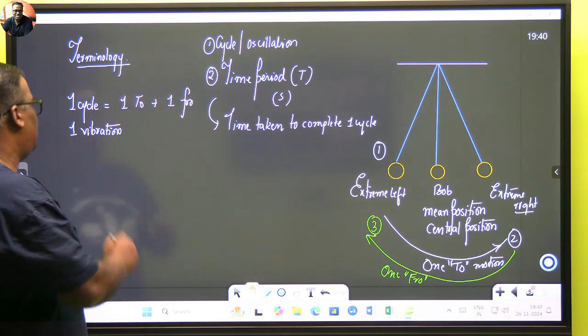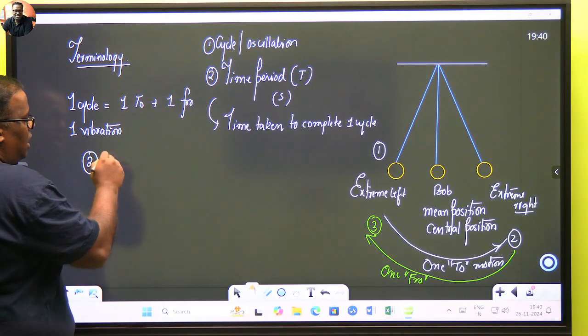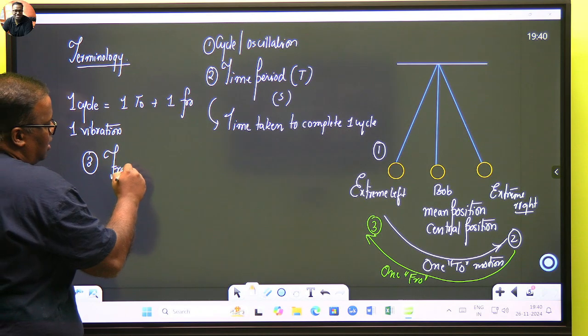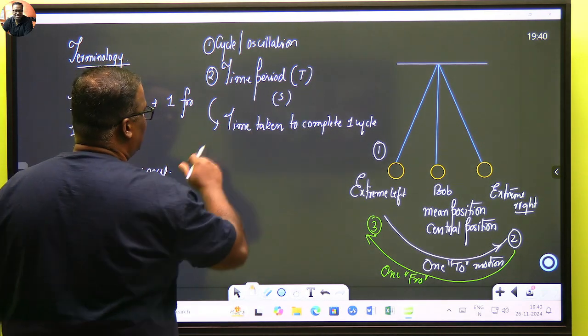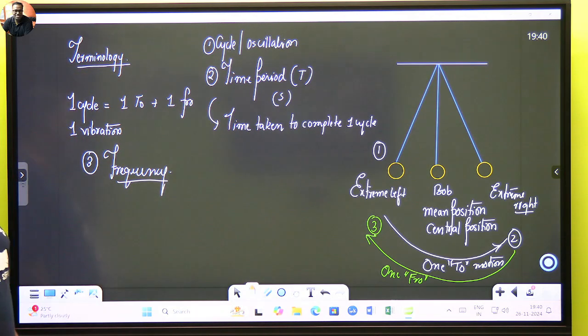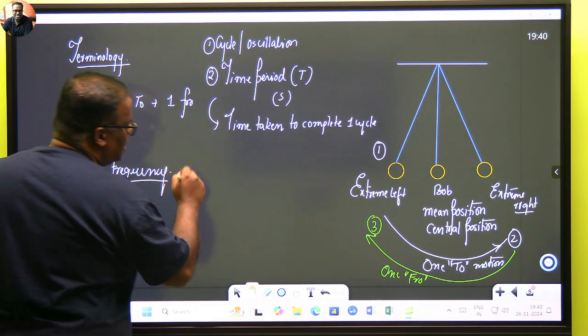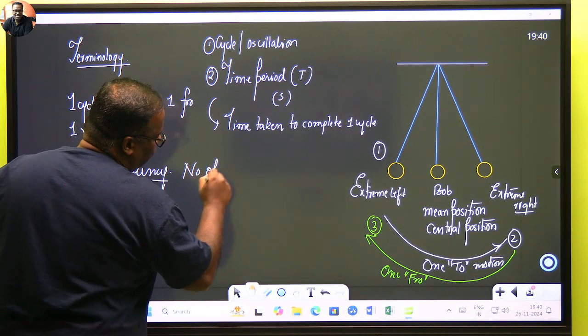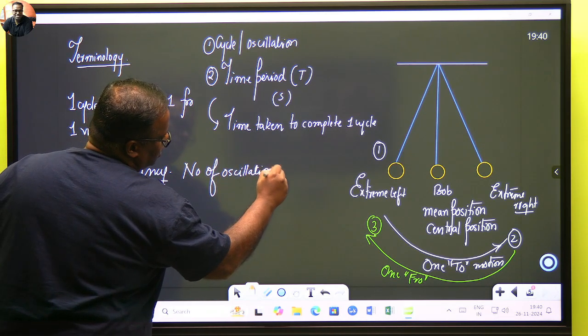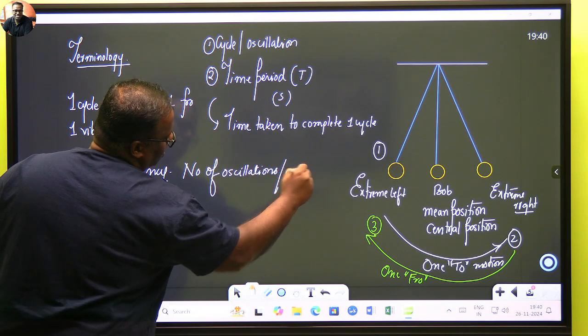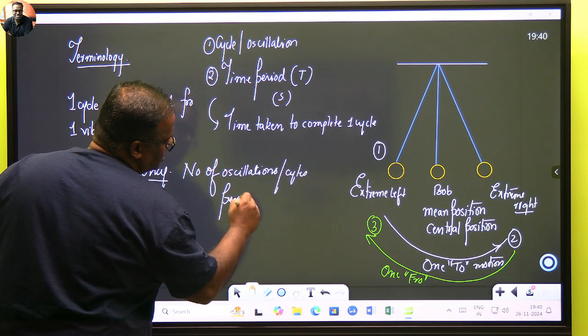Okay? So we have understood what is a cycle, what is oscillation, what is time period. Our next in queue is a guy whose name is frequency. Now there's a little bit of challenge in understanding time period and frequency. Frequency is the number of oscillations or cycles per second.